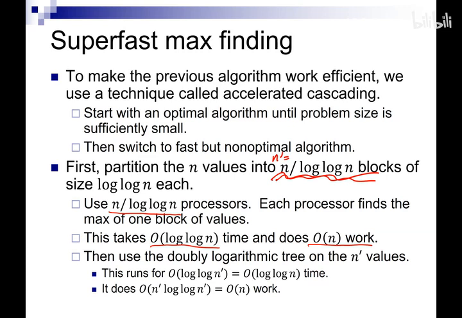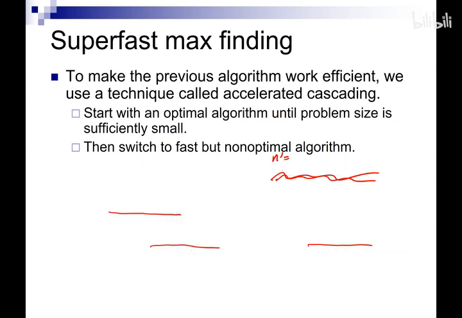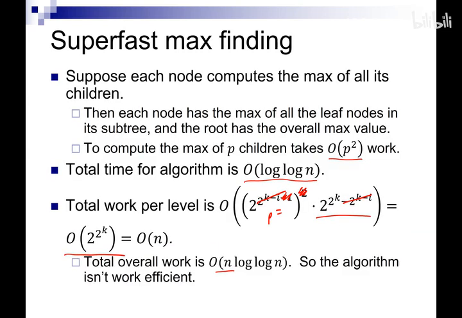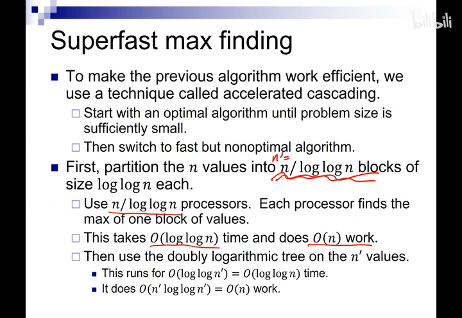And the amount of work that this does is going to be equal to m prime times log m prime, because we saw from the previous page that if you just use this doubly logarithmic tree, then the amount of work that you do is equal to the number of nodes in the tree times log of that number. In our case, we have just m prime values that we're applying this tree on. So the total amount of work is going to be m prime times double log m prime, right?